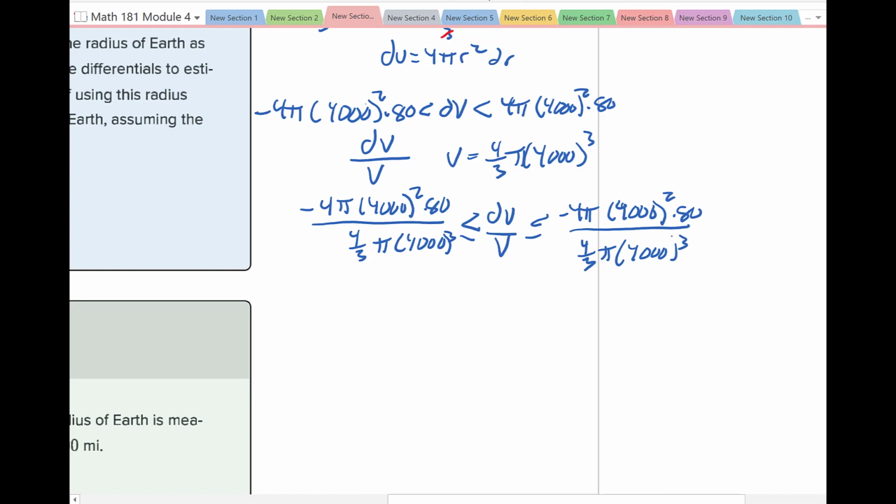What this comes out to is negative 0.06 is less than or equal to dV over V, less than or equal to 0.06. So it's a 6% error.